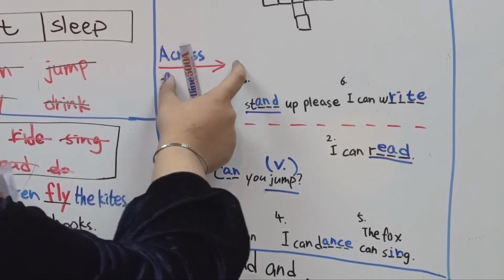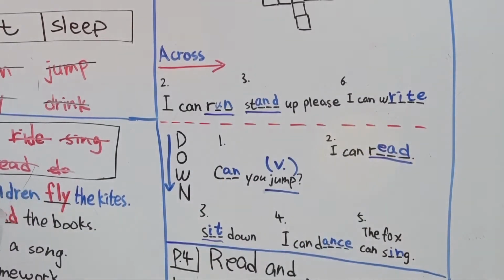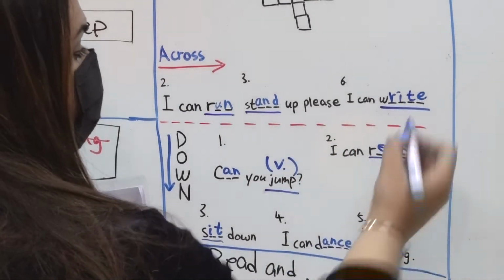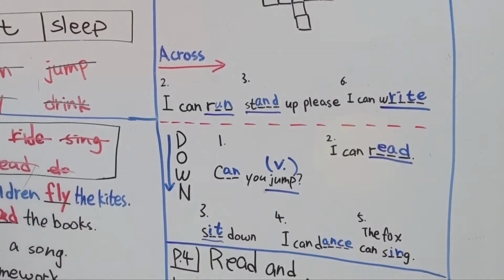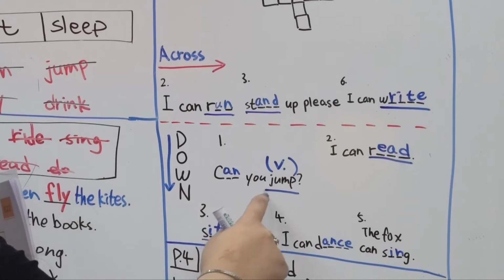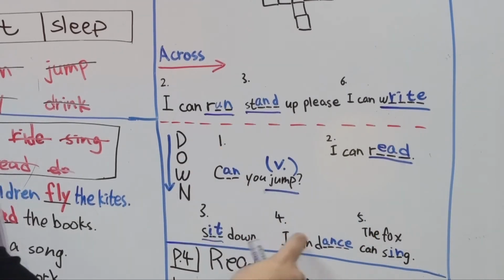Section across, number 6. I can write. Which one is the action here? The verb. Which one is the verb here? A verb does action, so the verb is write. Okay? So I found these for you, right? Jump, read, and sit. Okay, section down, number 4. I can dance.